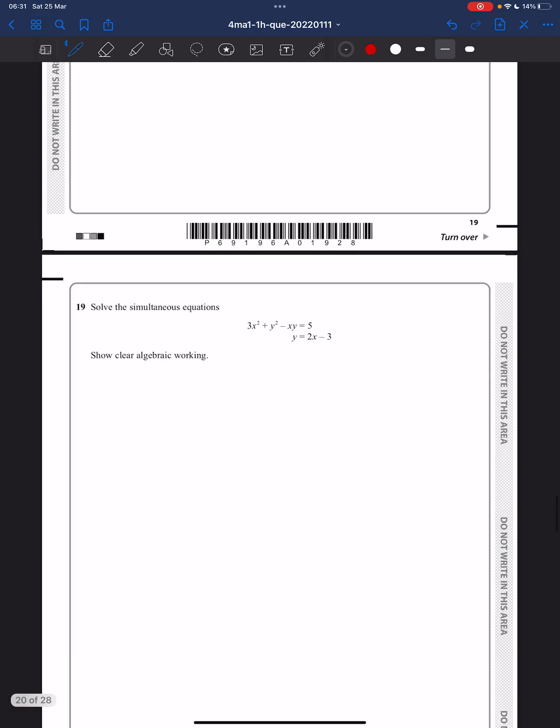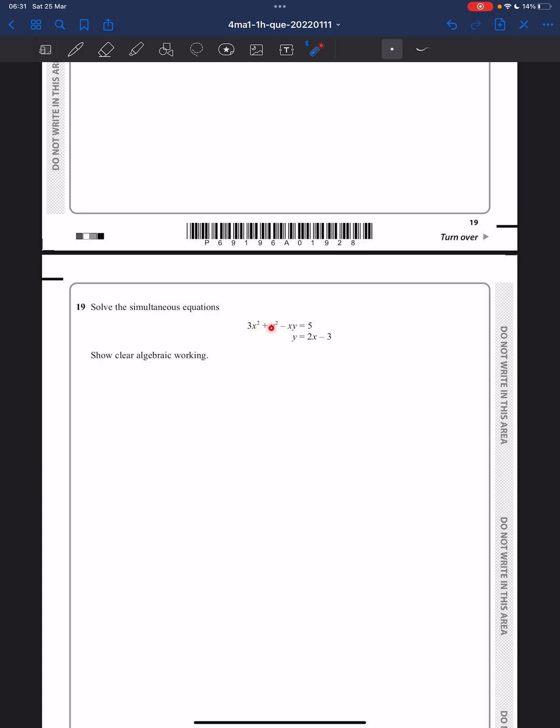Okay, next one, solve the simultaneous equations with clear algebraic working. We've got 3x squared plus y squared minus xy is 5. And y is 2x minus 3. So we substitute this y in here.